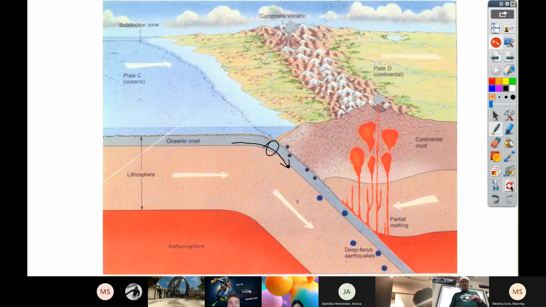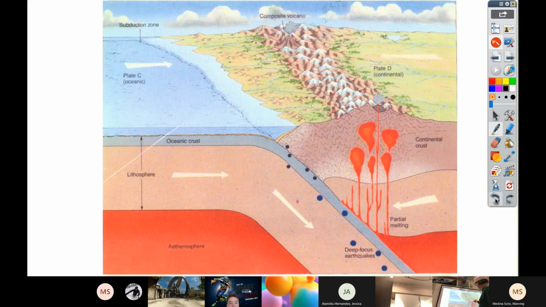The other thing I'd like you to notice in this diagram is a series of volcanoes, these circles, and we can measure where those are. We can tell how big they are, we can tell how deep they are, and because of those volcanoes, we can actually figure out exactly where a subduction zone is found. The other thing I like about this is the way it's three-dimensional.